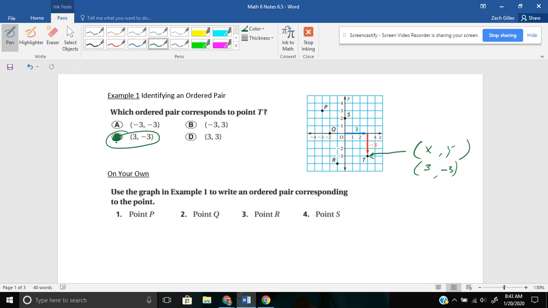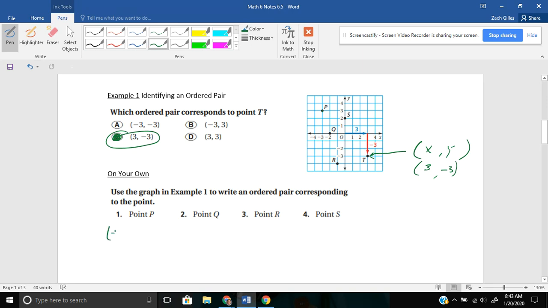All right, do that same thing and try to locate these ordered pairs for 1, 2, 3, and 4 on your own. Pause the video now. Right, point P is right here. Starting at 0, always start at the origin. You have to go left 1, 2, 3.